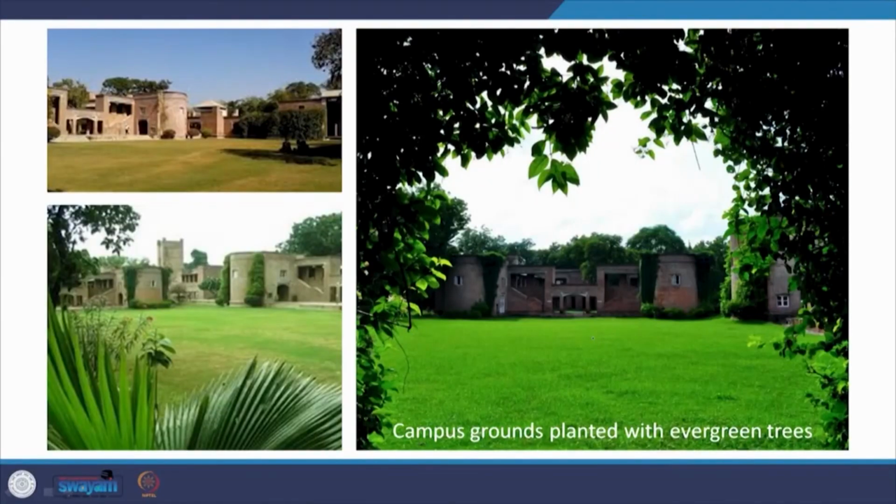Now, here the campus grounds are planted with these evergreen trees, again something that has happened post the works of Corbusier and Kahn. I mean, it's already there in traditional Indian architecture, they just brought that, and most of these architects relied heavily on the green areas to build the passive climate feature in the building.